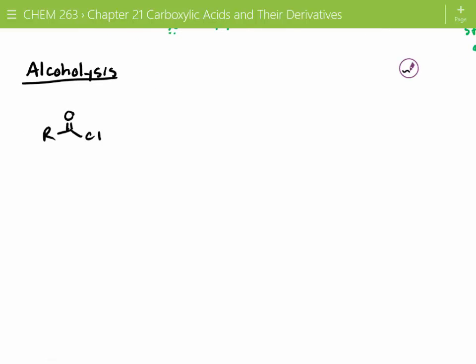All right, so we've got our acid chloride. We can add in an alcohol. These are normally done in pyridine. And if you do this, you can interconvert all the way to an ester.